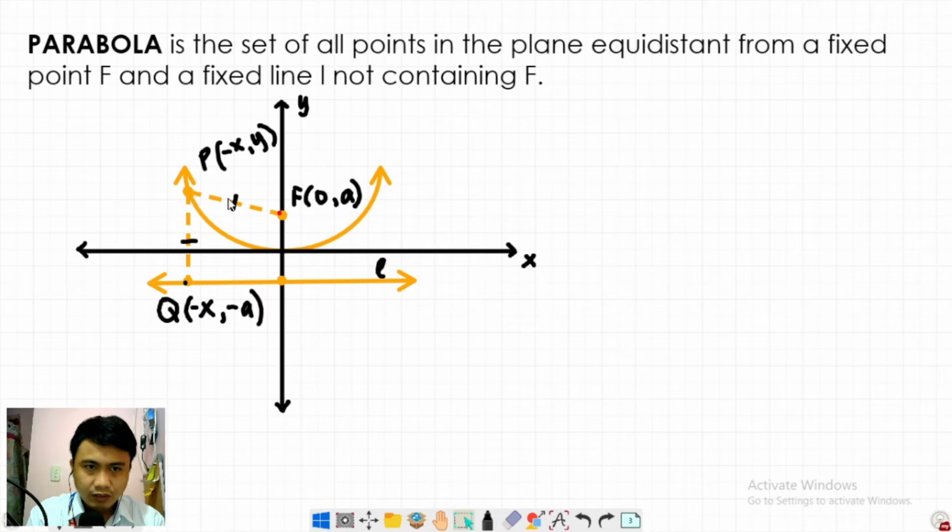Ibig sabihin, pag nag-draw tayo ng line segment dito, from this point to a point F, the fixed point na tinatawag natin, ay parehas yung distance or equidistant pagka nag-draw tayo ng another line segment from this point to this fixed line. And ganun ang ibig sabihin ng parabola. And this is our parabola.